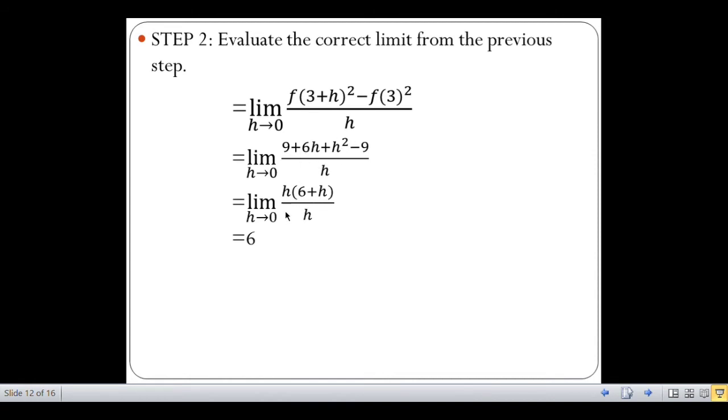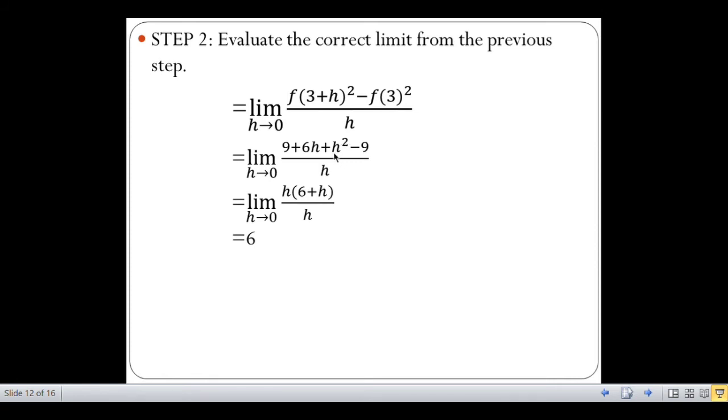Paano natin siya i-factor? The factor of 6h plus h squared is h, the quantity 6 plus h. Paano class? To know that it is the factor, i-simplify natin. First, h times 6, we have 6h. Plus, h times h, we have h squared.